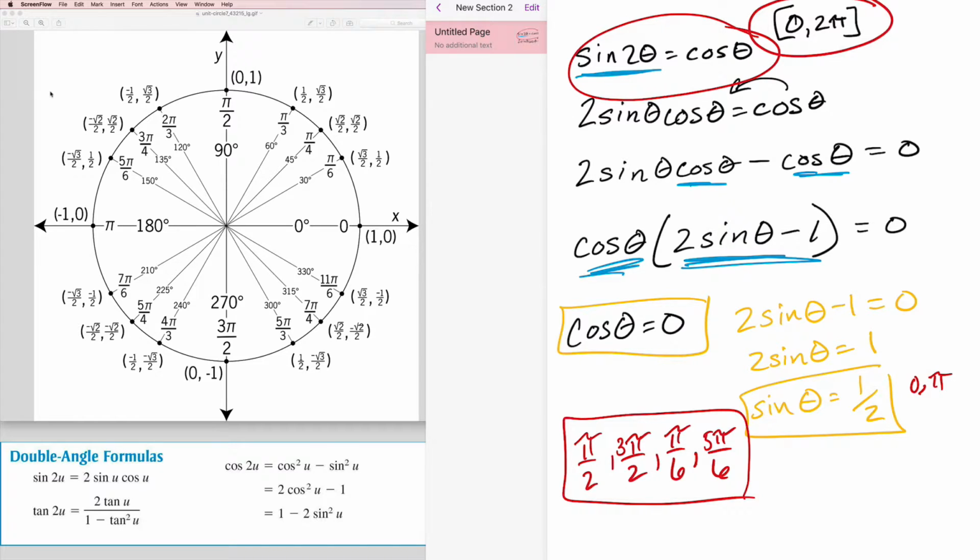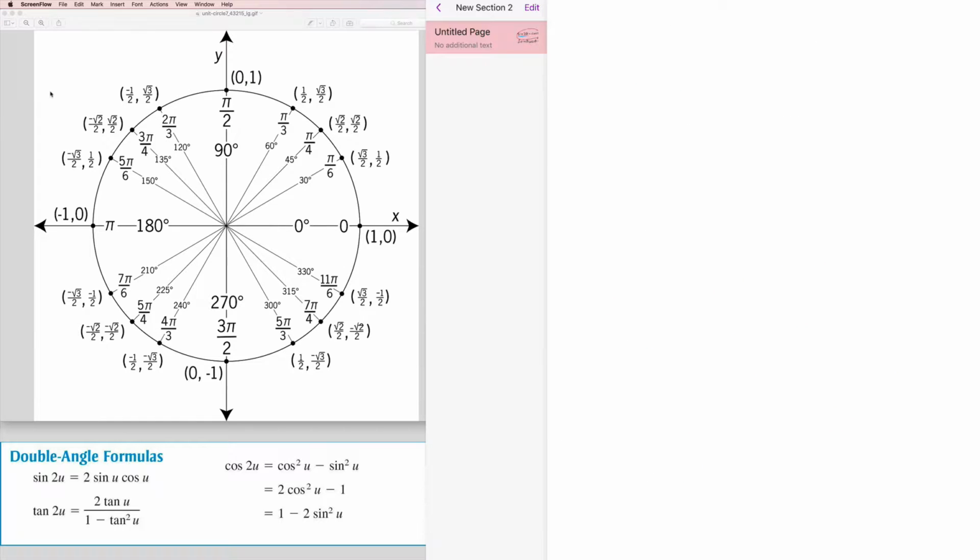Okay, so let's work now on number 11. Looking at number 11, it's asking us to solve cosine 2 theta minus sine theta equals 0. Well, okay, so cosine 2 theta I know has an identity, so I can pick any one that I want.